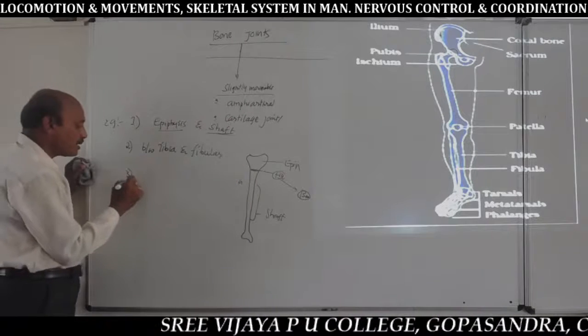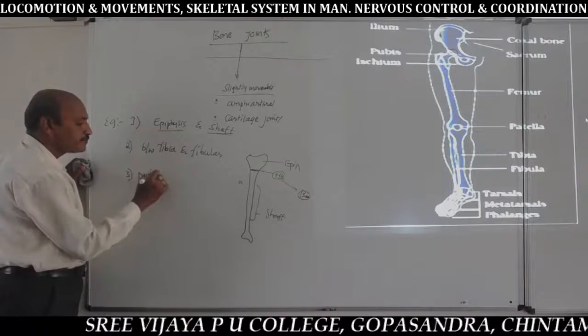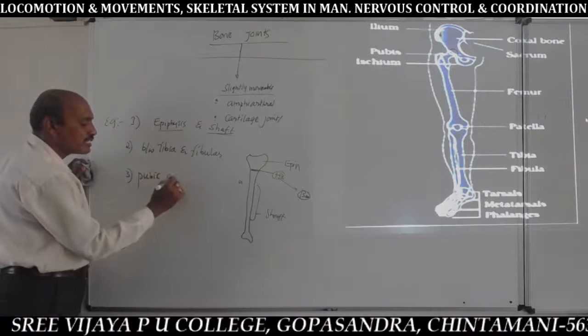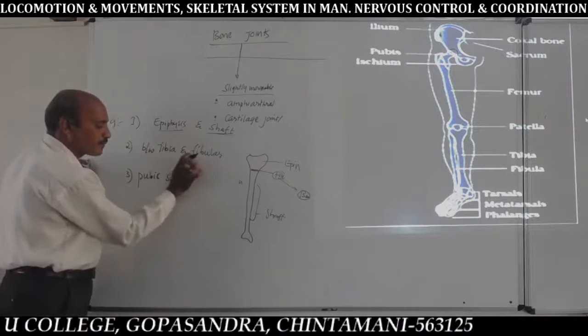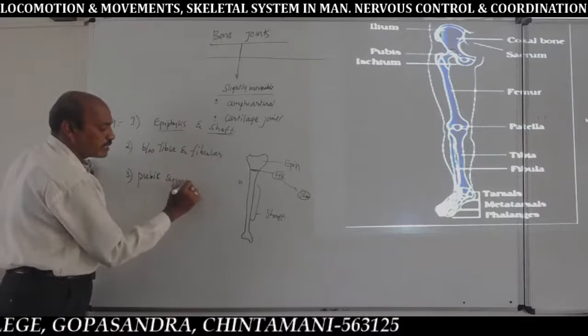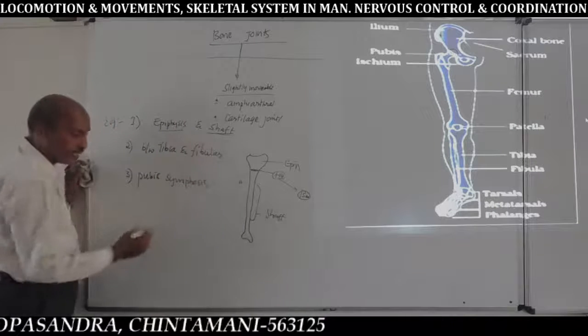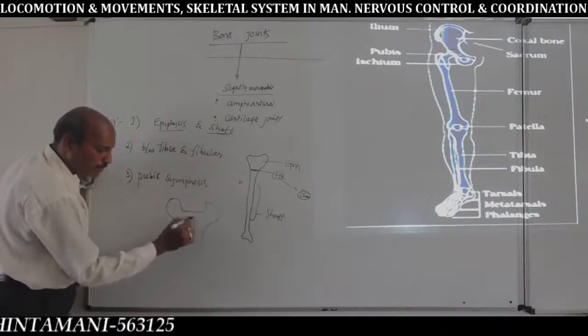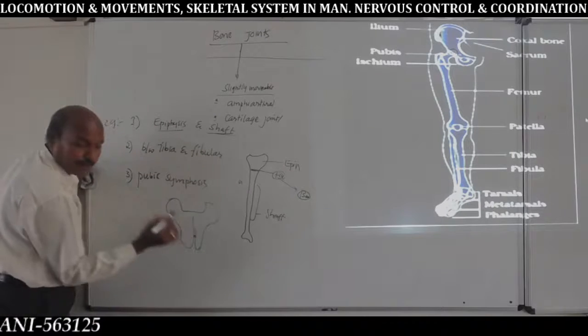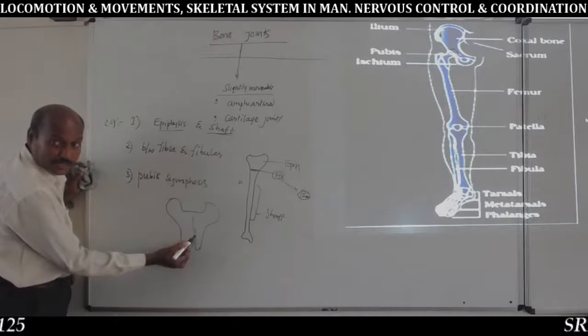And next one is the pubic symphysis. Pubic symphysis is the joint between two coxal bones in the pubic part, made up of hyaline cartilaginous tissue.